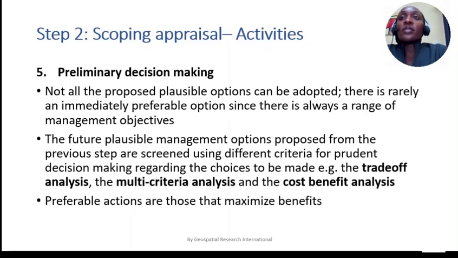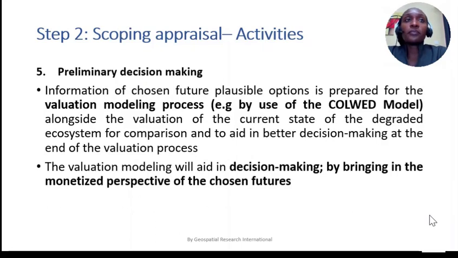So remember, we said in decision making, any management action that maximizes benefits is more acceptable. That is what the stakeholders need to look at achieving at the end of the day. At the end of this process, the information of the chosen future plausible options is collated and prepared for the valuation modeling process using tools like the Colwood model.